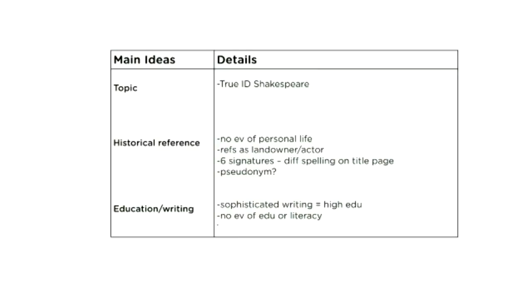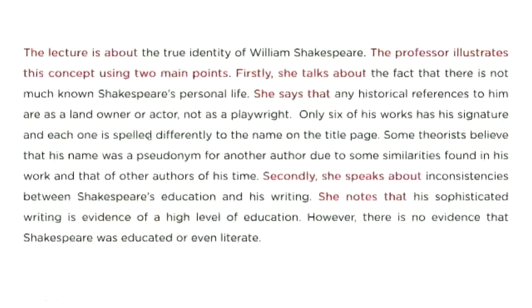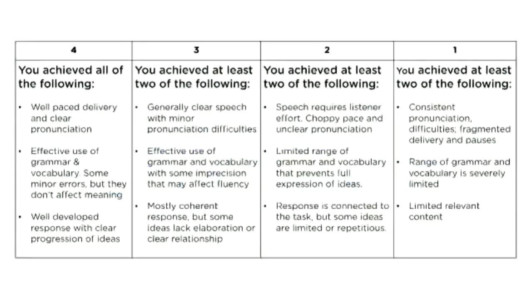Now, let's just say you skip the second one and you only mention the first point. If we look at the rubric, it says here under 3, mostly coherent response, but some ideas lack elaboration. Well, that means that you mentioned all the points, but maybe didn't develop them. So let's now look at 2.